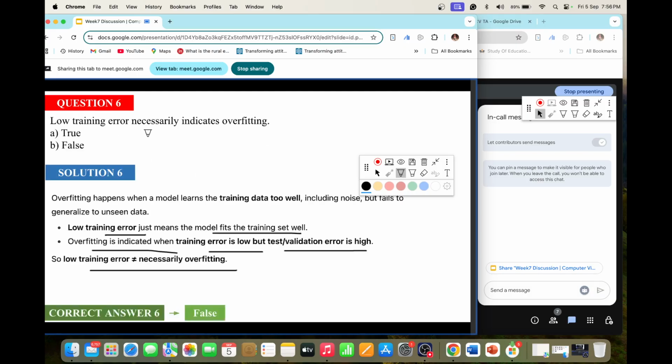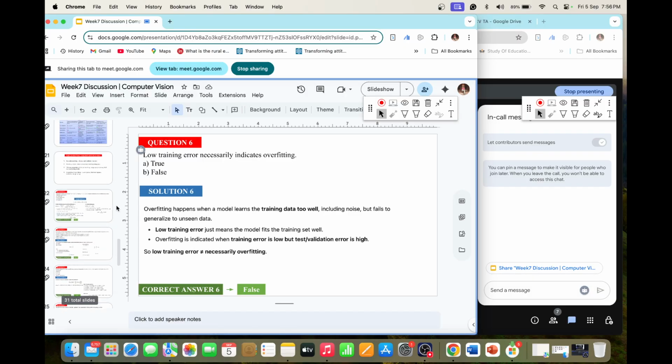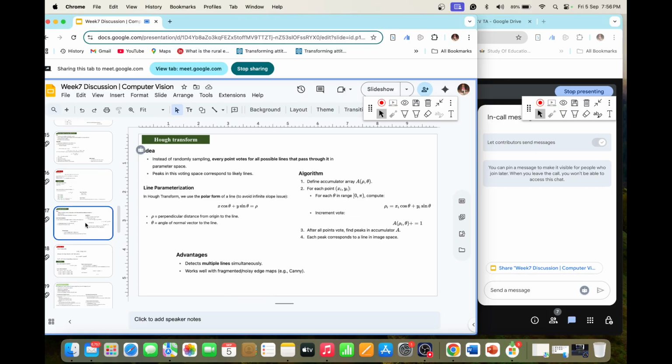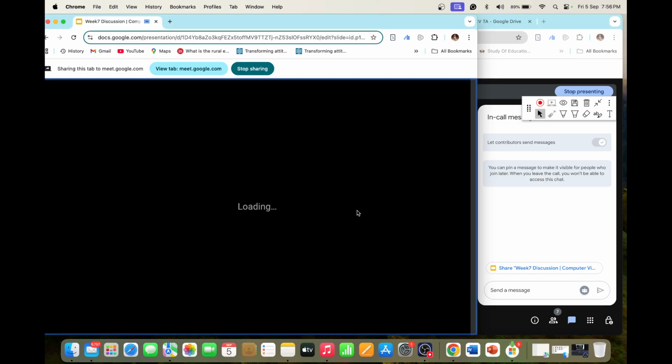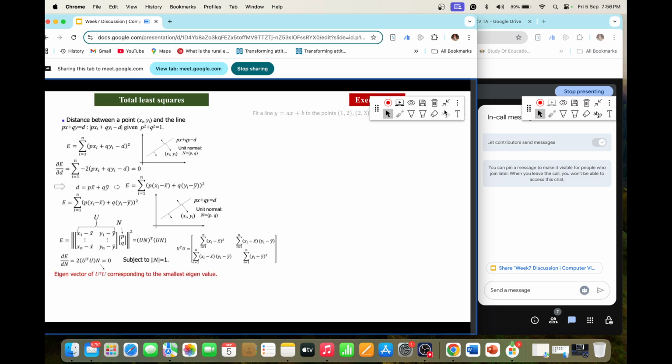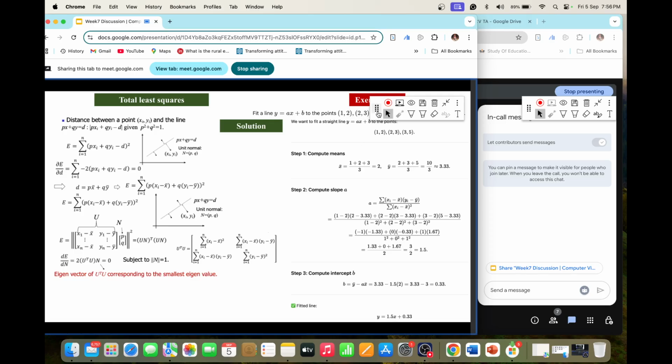Either we can do it from this: compute a by this formula, that is covariance of xy divided by variance of x, which gives the slope. The intercept you can calculate as y bar minus slope into x bar, where y bar is the mean of y values and x bar is the mean of x values.